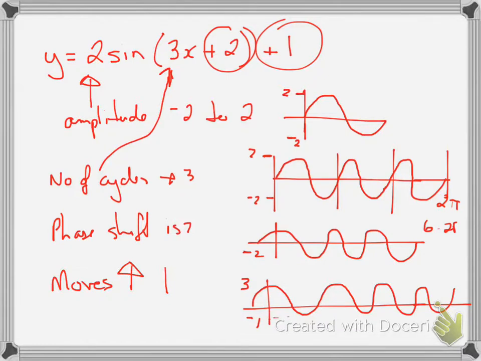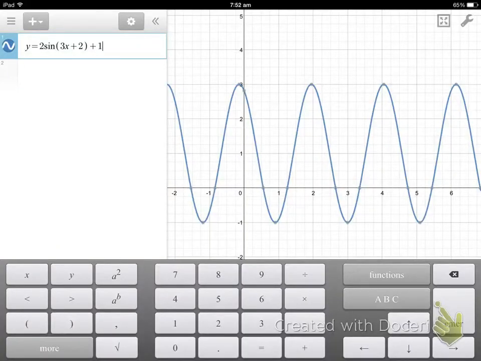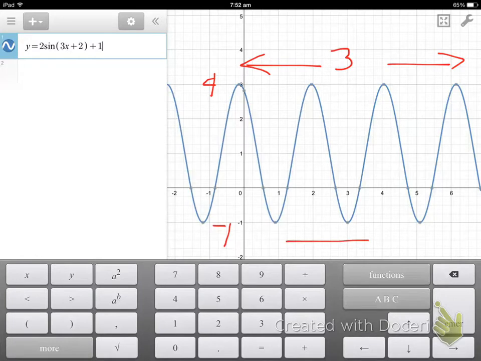So let's go try it in Desmos and see if we are correct. As I predicted, we have 3 cycles. It goes from 3 to -1. It's moved to the left by the value of 2, but it's a bit harder to see because we've got these 3 cycles, so it's actually moved only 2/3.